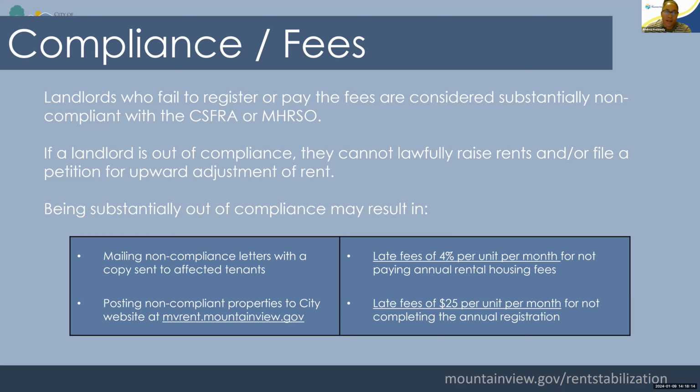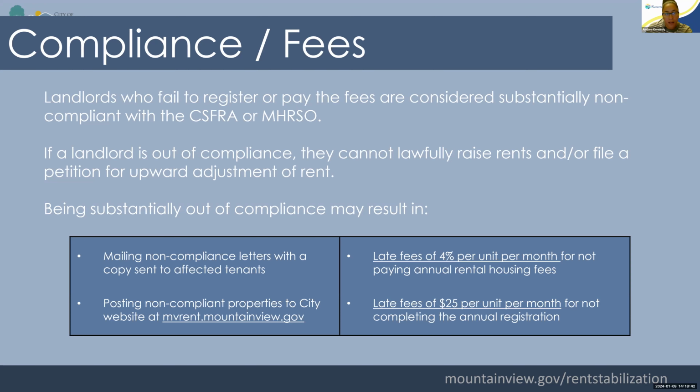Any landlord or mobile home park owner who fails to register or pay their fees is considered substantially out of compliance, and they cannot lawfully raise rents or file any sort of landlord petition to increase the rent. If a property is out of compliance, the city will first mail a letter to the property owner, letting them know.